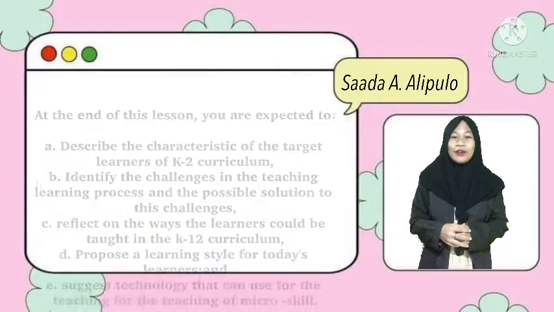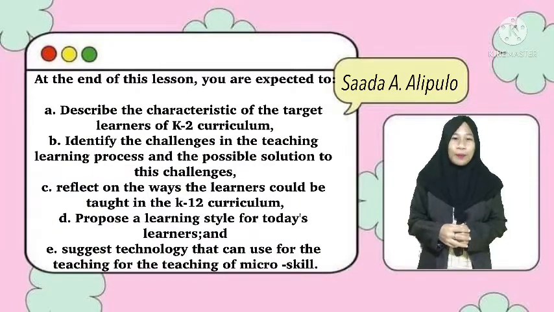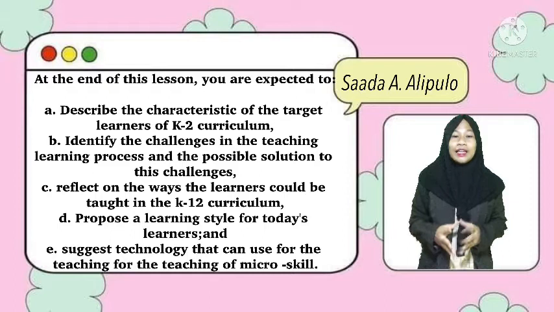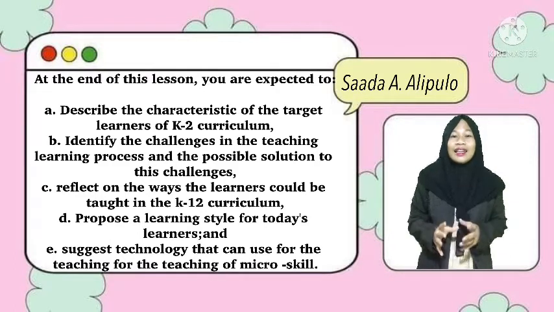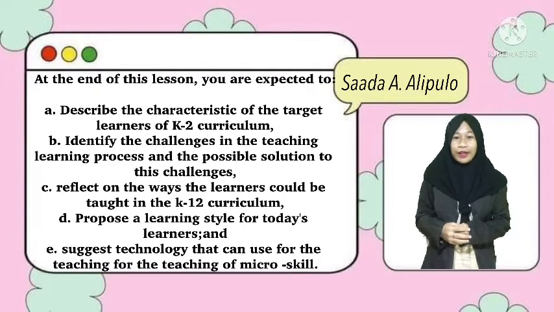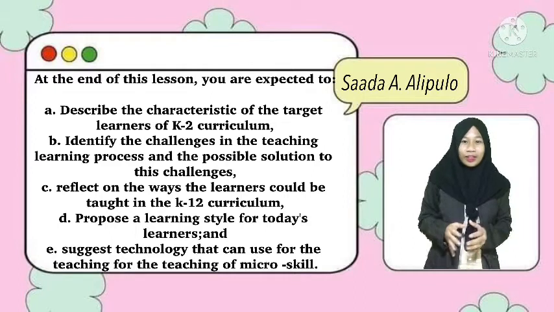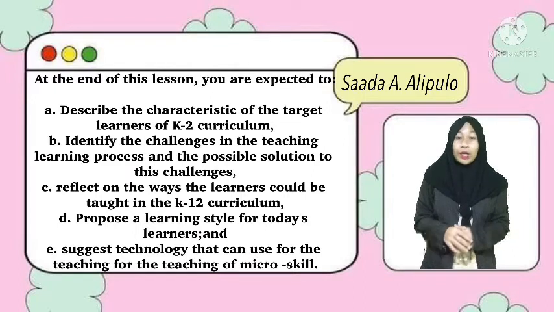At the end of this lesson, you are expected to describe the characteristics of the target learners of the K-12 curriculum, identify the challenges in the teaching-learning process and the possible solutions to these challenges, reflect on the ways that learners will be taught in the K-12 curriculum, propose a learning style for today's learners, and suggest technology that can be used for teaching of macro skills.